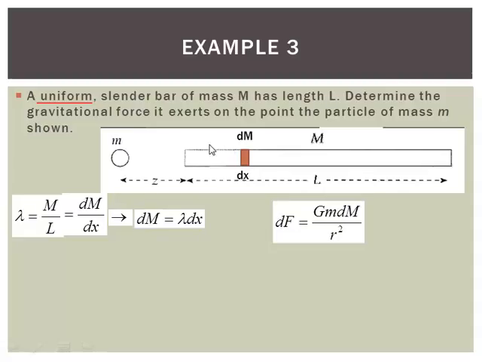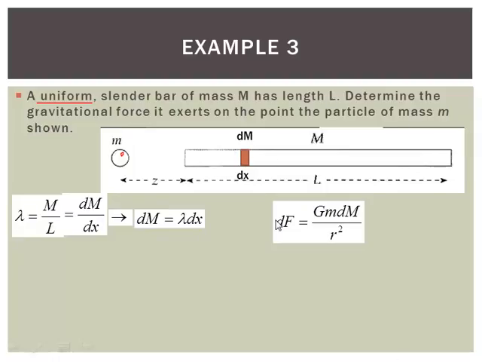Now here's the part where we have to use a little bit more calculus. We know that the derivative form of the gravitational force is equal to the gravitational constant, this point particle mass m, and since this is an extended body, dm, over r squared, where r is the distance between each of these little masses and the point particle.